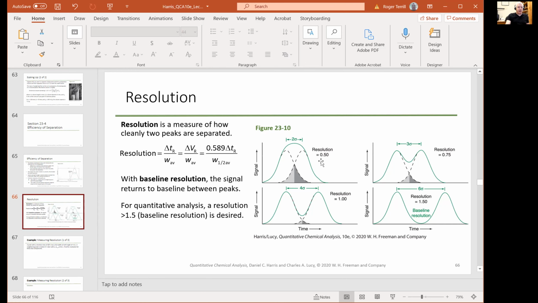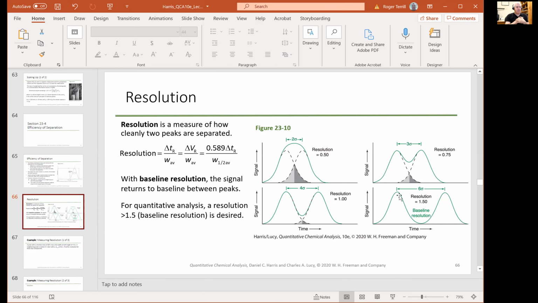You can't really do much with a resolution of 0.5 unless you're trying to separate isotopes of uranium-238 and 235, in which case you have to use a very poor resolution and do it a million times. But for normal chemistry, you want a resolution of at least like 6 sigma, right? You need to get the baselines resolved.